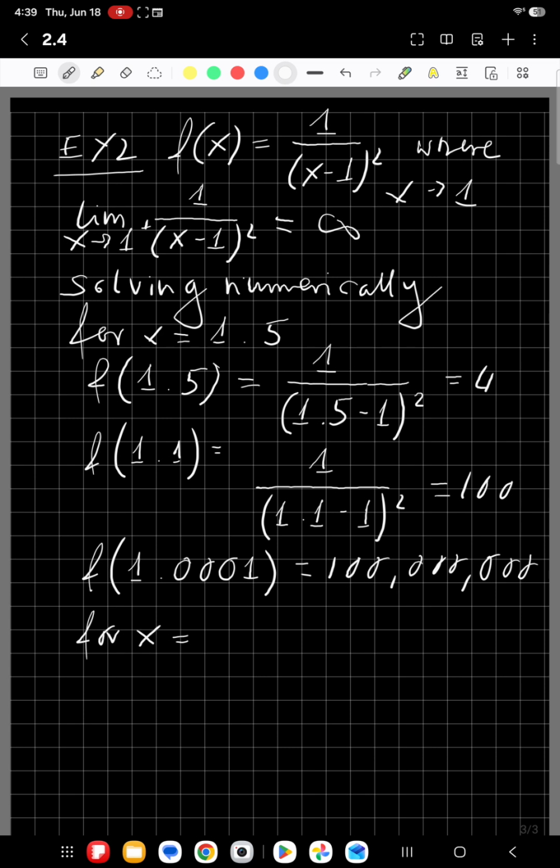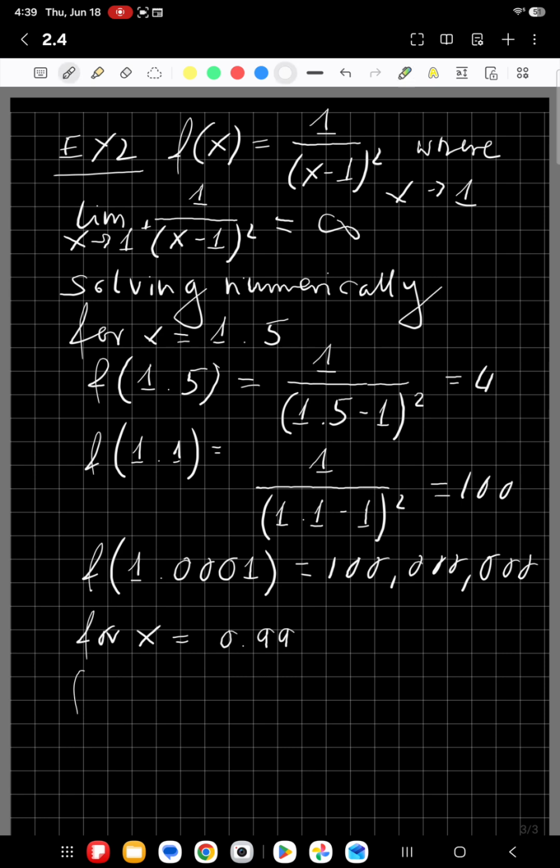Let's do 0.99. So I'm approaching 1 from the left now, because on the left the numbers close to 1 are 0.9 and then a bunch of 9s.